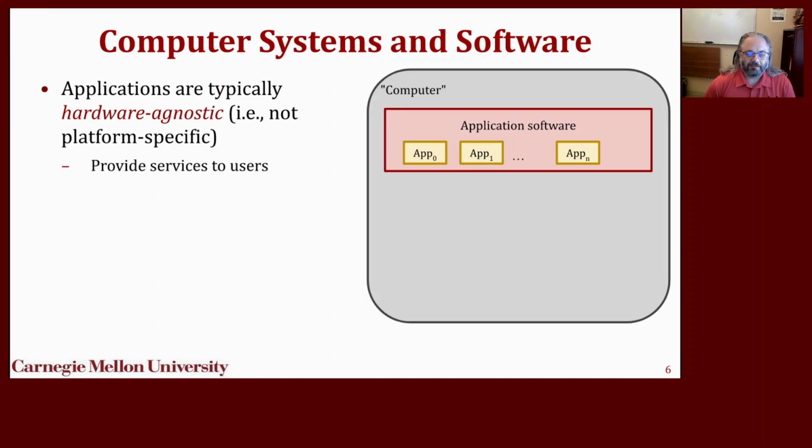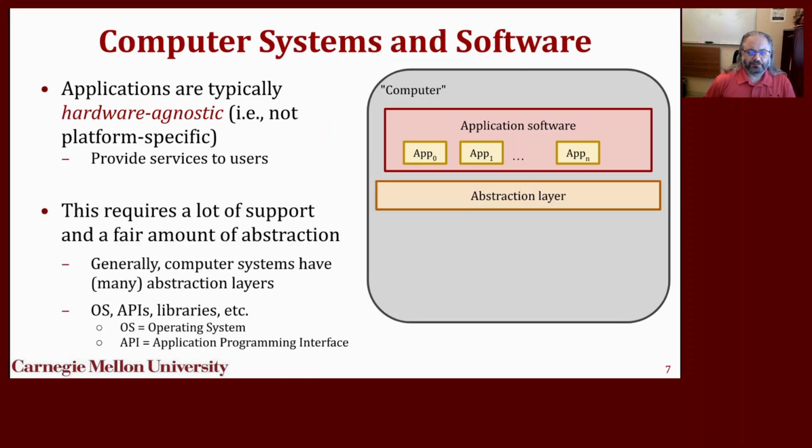Applications are the highest level of abstraction that humans interact with, and typically applications are hardware agnostic or platform agnostic, meaning that a piece of software will run on any generic computing platform within reason. And these are pieces of code that provide services to users.